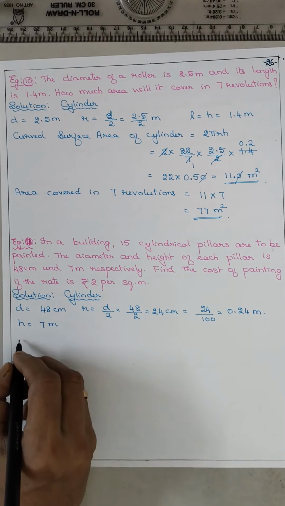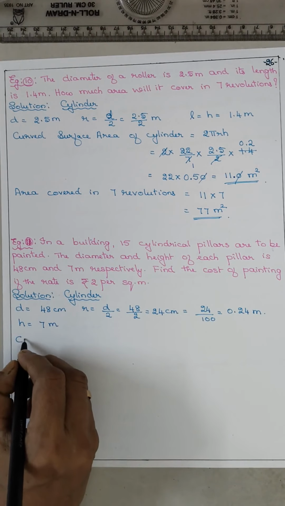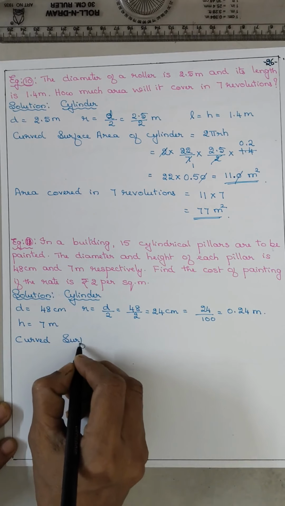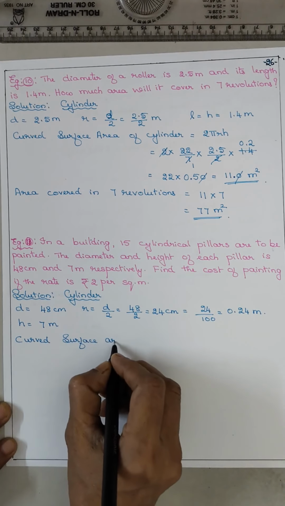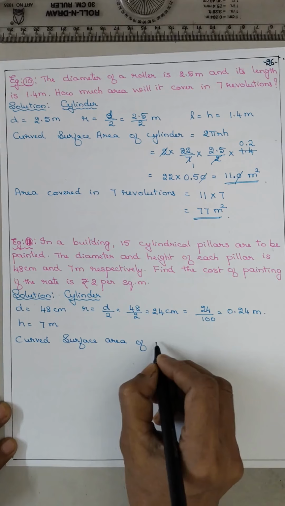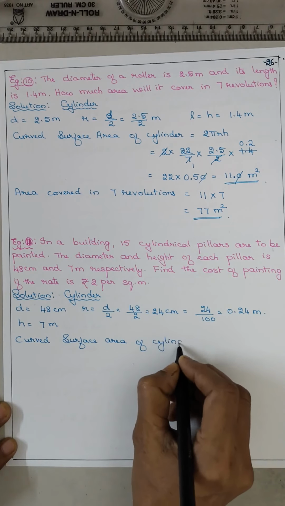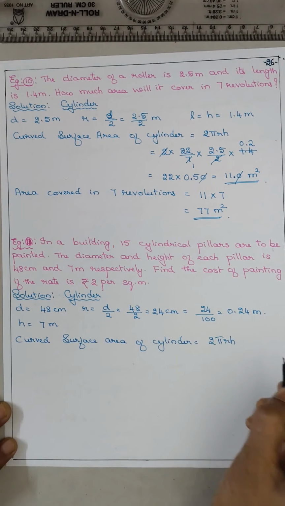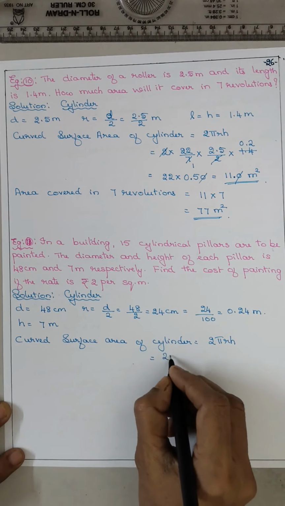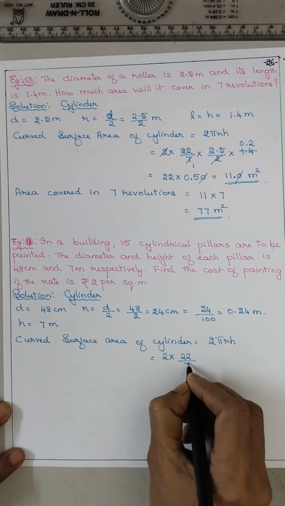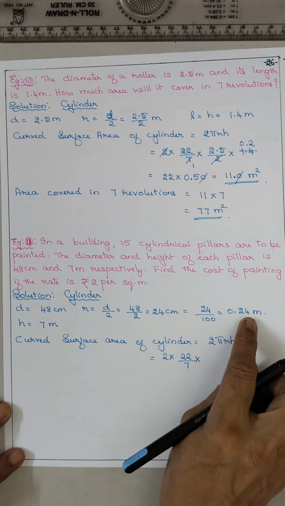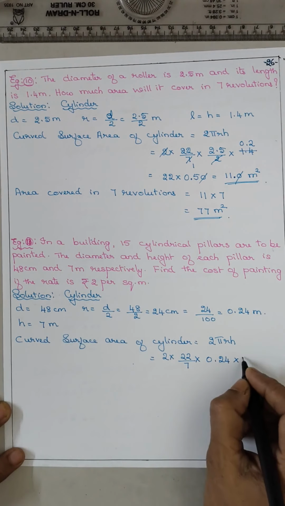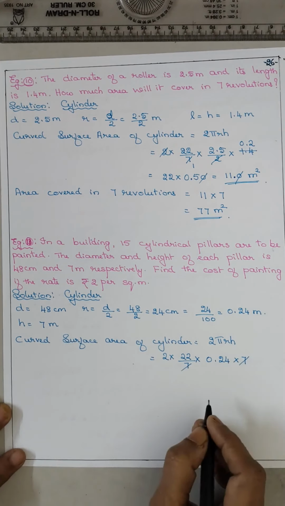Now find out the CSA, that is the curved surface area of the cylinder. What is the formula? Hope you are confident of the formula now. 2 pi RH, that is 2 into pi, which is 22 by 7, R is 0.24 and H is 7. The 7s get cancelled.